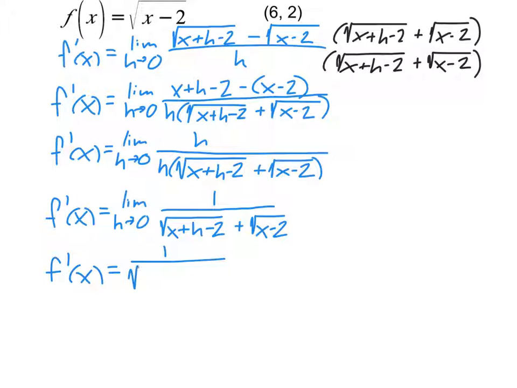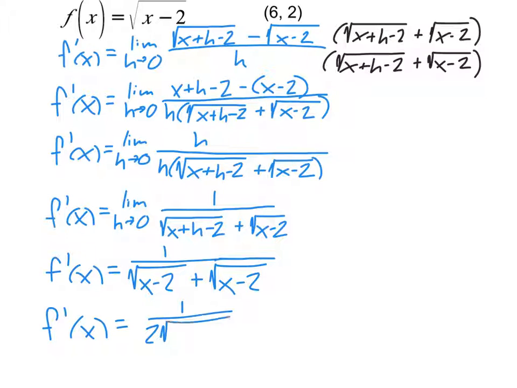So that gives me the square root of x minus 2 plus the square root of x minus 2. Well, in the bottom I have the square root of x minus 2 plus itself. It's plus itself, right? So what's a shorter way to write it? 2 times it, yeah. And so it ends up being 1 over 2 root x minus 2. There's our derivative function.